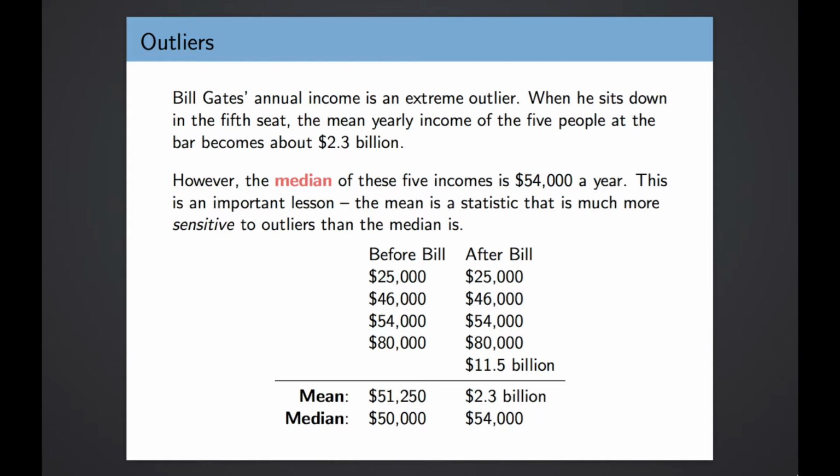But the median only goes up a little bit to $54,000. So the observation that is in the middle of the data is still only $54,000 and still represents the people in the bar pretty well. So while the mean is a statistic that is very sensitive to outliers, the median is robust to outliers. It is a robust statistic for estimating the middle of a distribution.